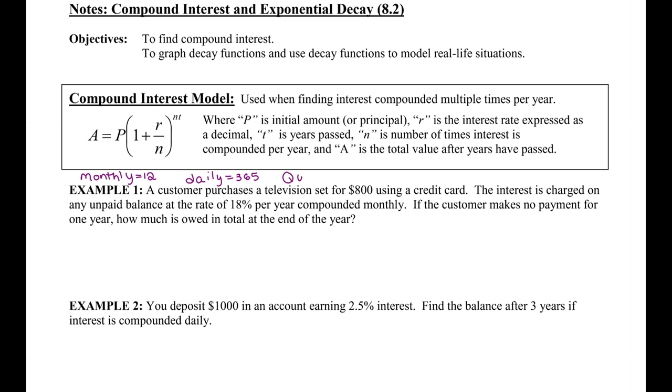Quarterly is equal to 4 times per year. Annually is once a year, and semi-annually is twice a year.